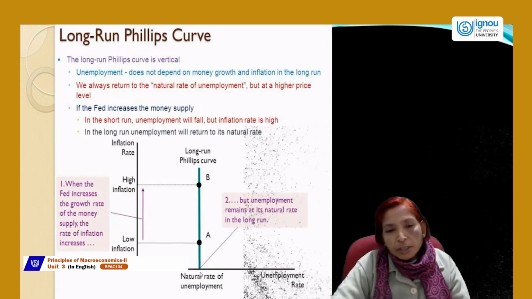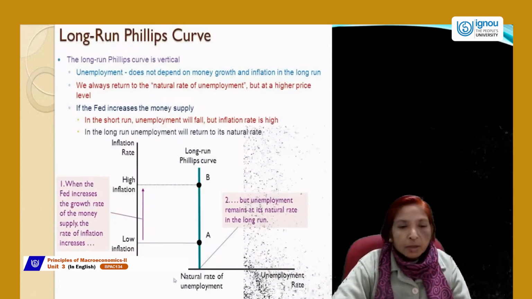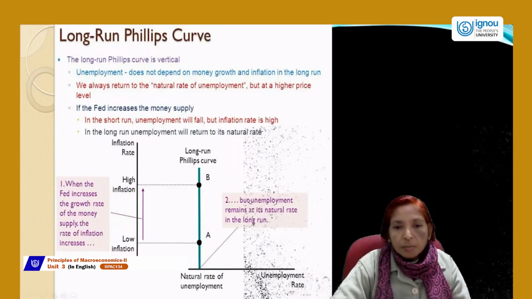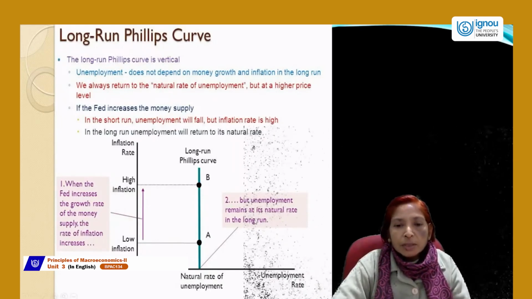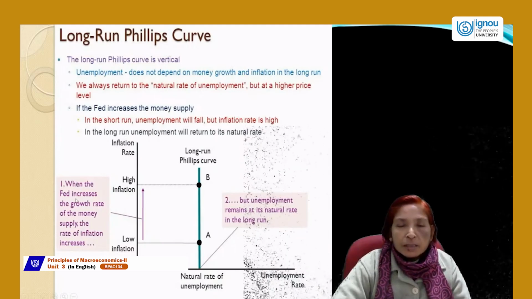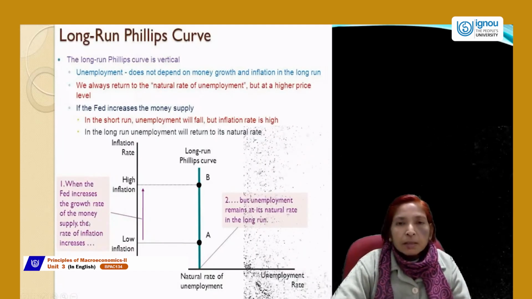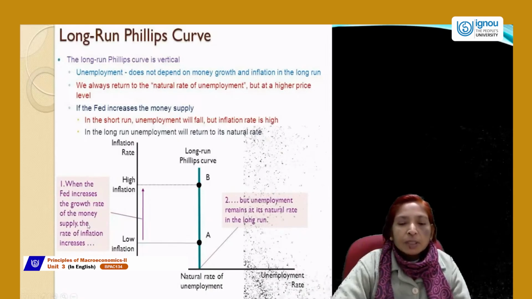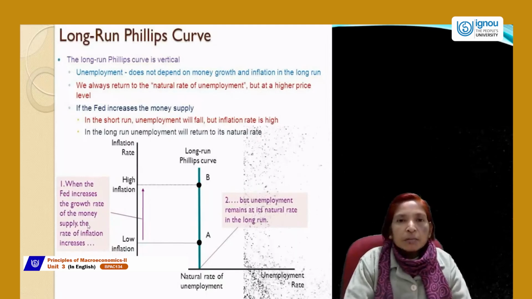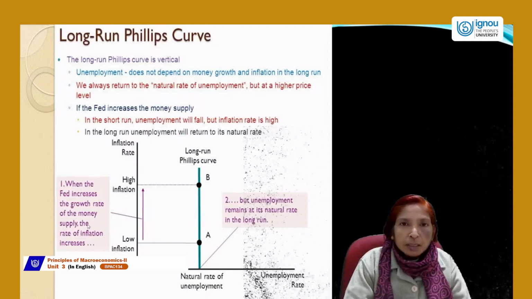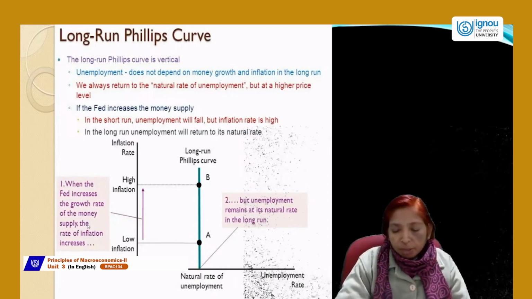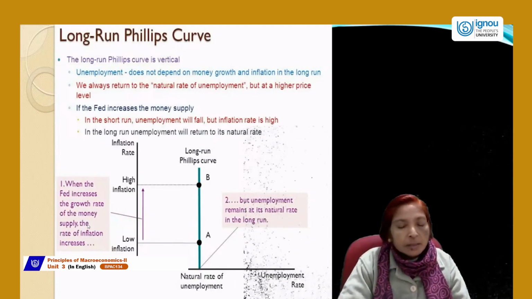At high inflation it will remain constant, at low inflation it will remain constant, it will not change. Unemployment remains at its natural rate in the long run. And when the Fed increases money supply, the rate of inflation will also increase, because there is a positive or direct relationship between money supply and inflation rate. So this is the long run Phillips curve.